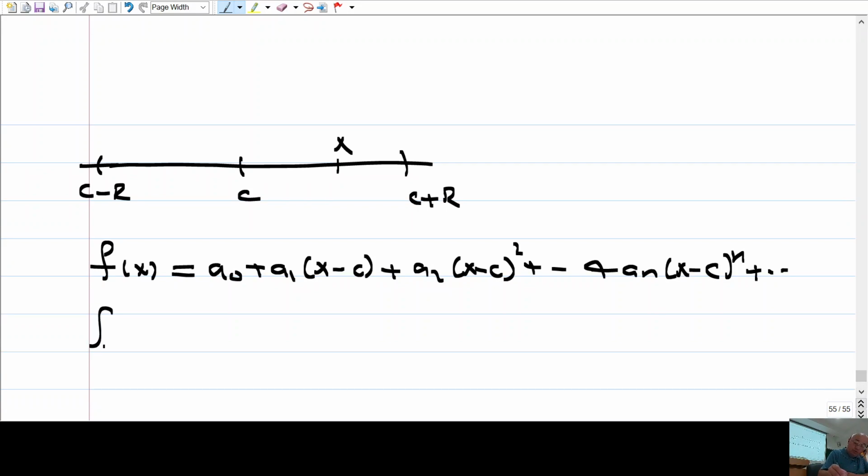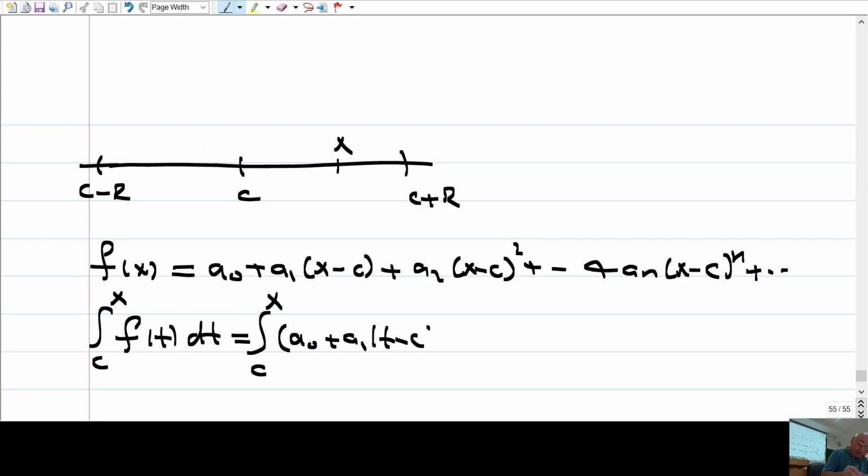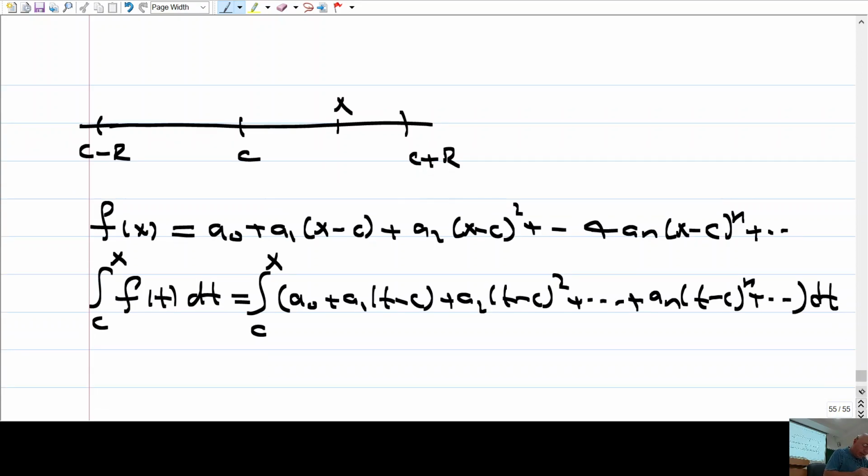What we do, we integrate from c to x f of t dt. So f of t is a0, a1 (t minus c), a2 (t minus c) squared, up to an (t minus c) to the power n, and so on, and I have dt.